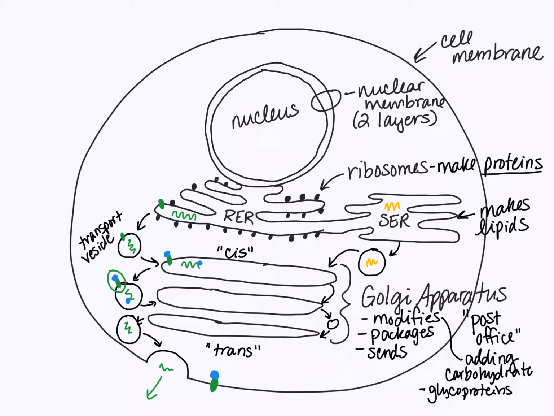Yet another possibility is that these vesicles that are formed might become another organelle called a lysosome, and this only happens in animal cells. And lysosomes contain digestive enzymes.